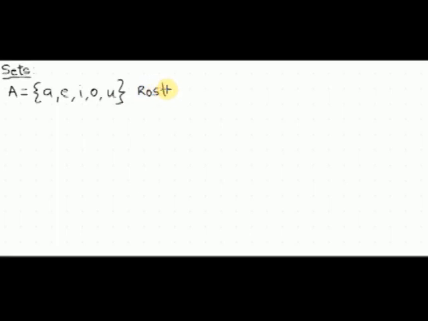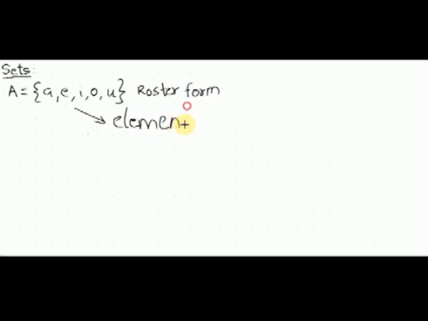This is called the roster form representation, in which A, E, I, O and U are the elements. This is the basic terminology. All these are called the elements, and the number of elements is 5.